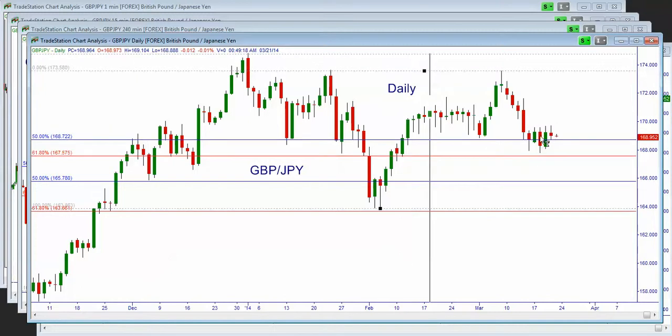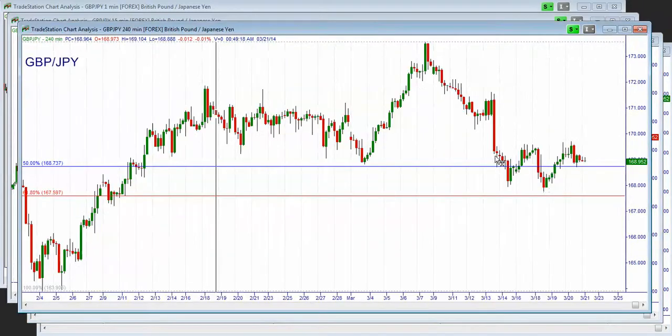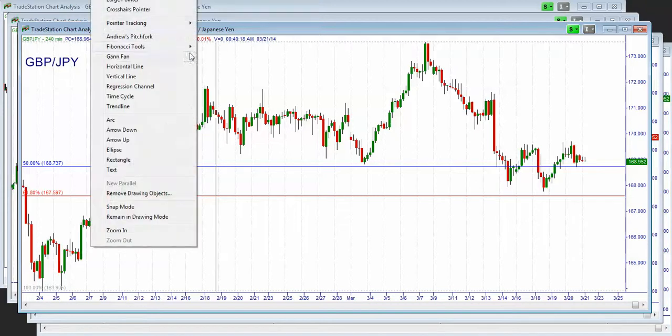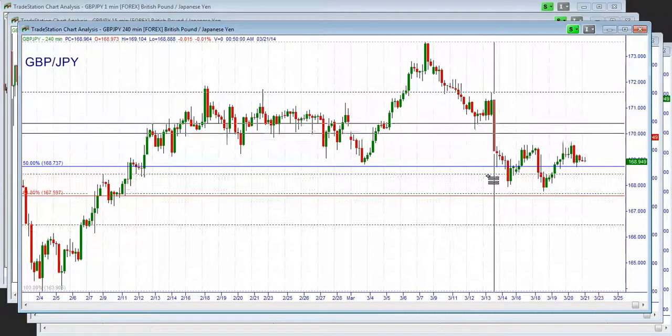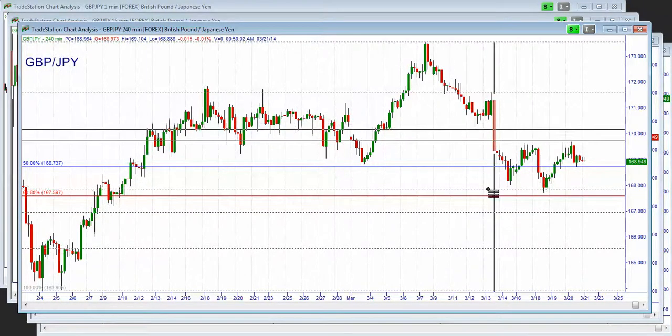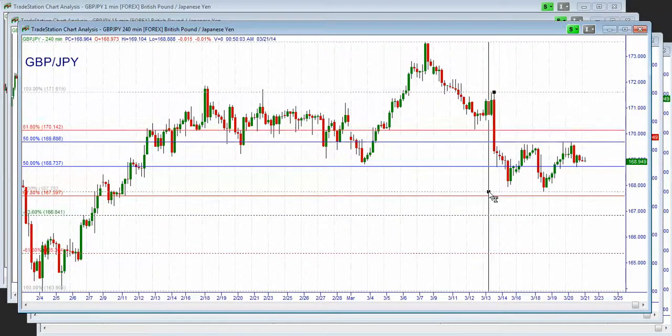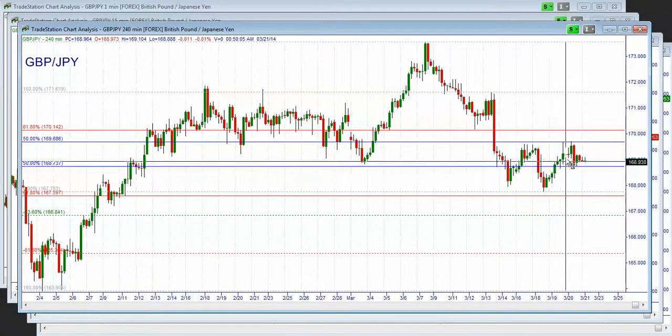Whether the sequence has failed or not, we can only verify on the 4-hour time frame or lower. And when we trace from previous highs to lows, new lows, we can see here that today there was participation, and also yesterday as well.